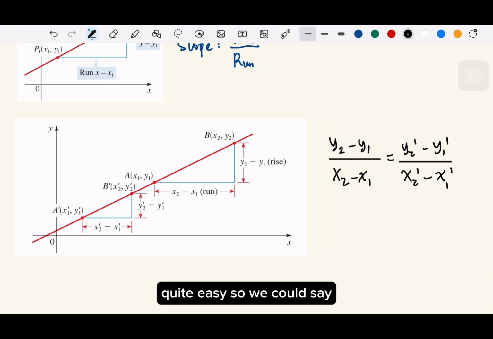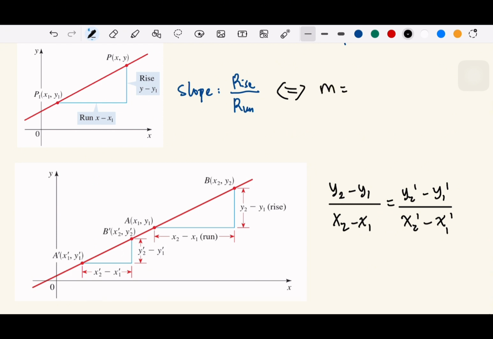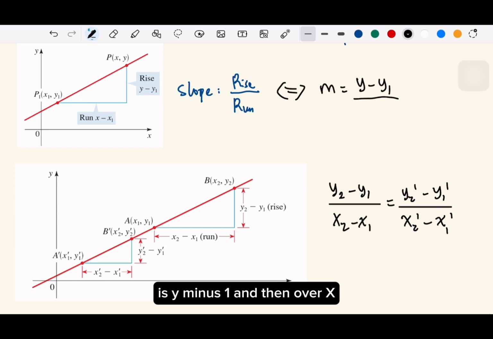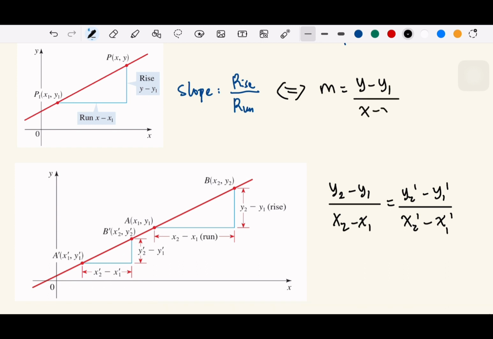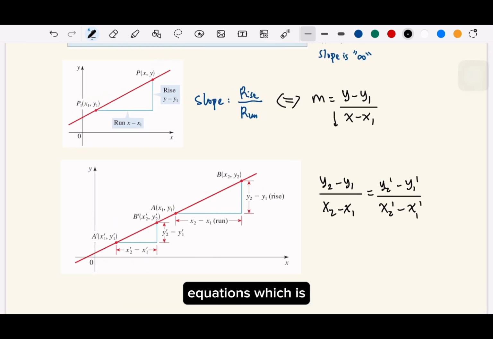So we could say that the gradient m is y minus y1 over x minus x1. We can rewrite this in terms of linear equations.